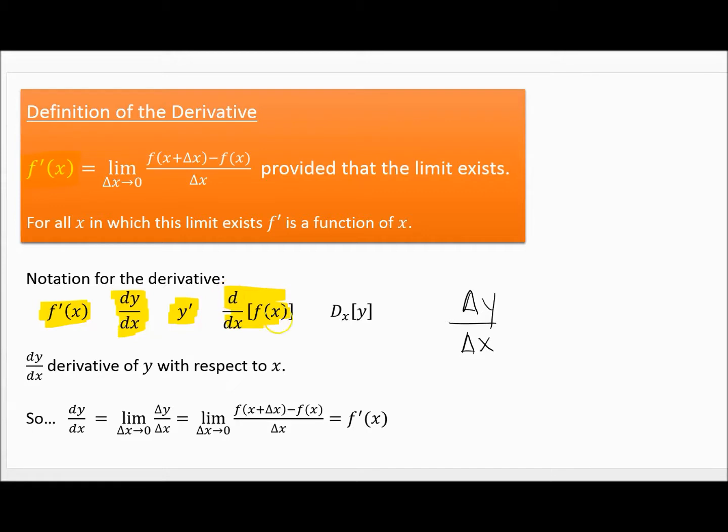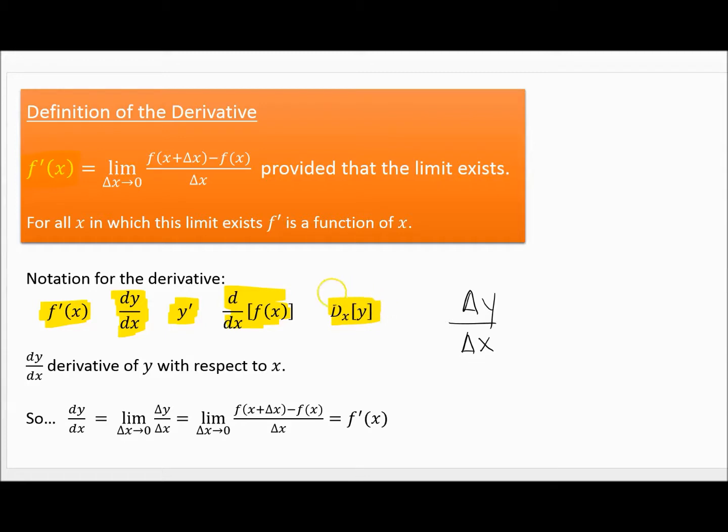This is the derivative of f of x with respect to x, or derivative of f of x over dx. It's talking about the limit as the difference between a fixed value and the value getting closer and closer to it. That's happening on the x-axis. And finally, this also means the same thing. This is the derivative of the function y with respect to x.